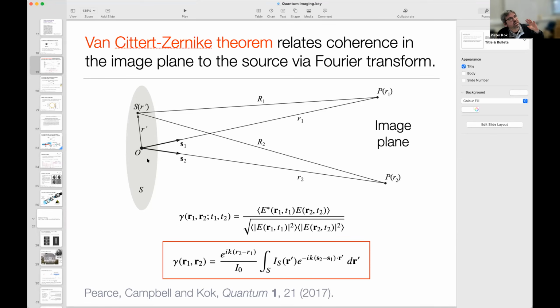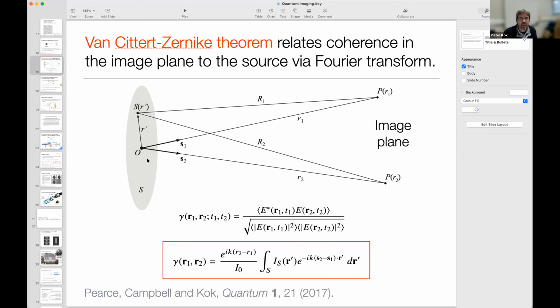The probability that you get more than one photon is maybe 1 in 1,000, so it's quite rare that you have to deal with this.